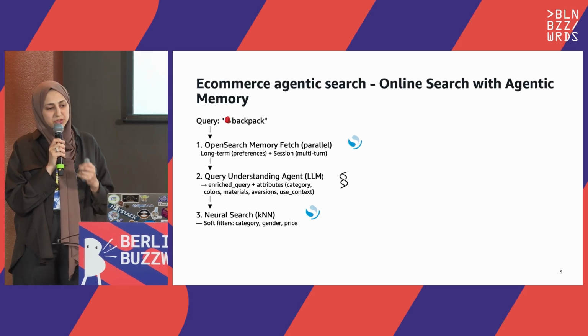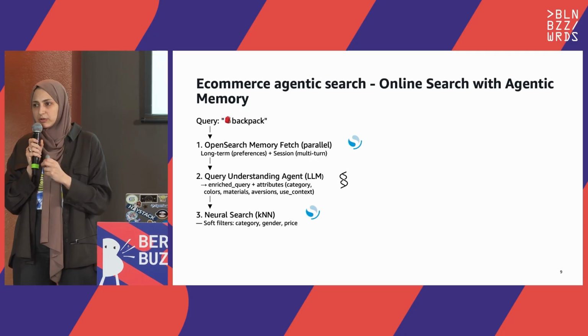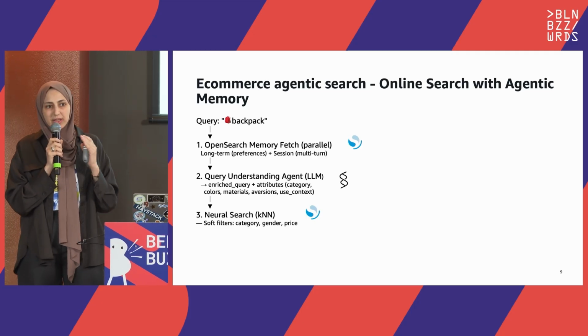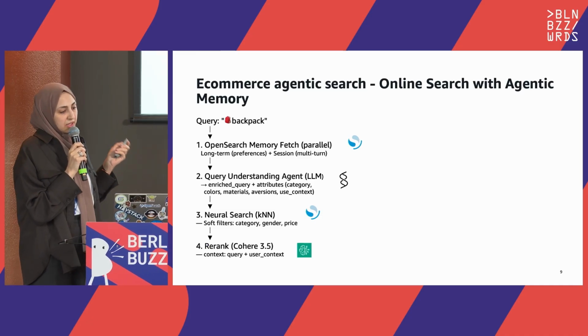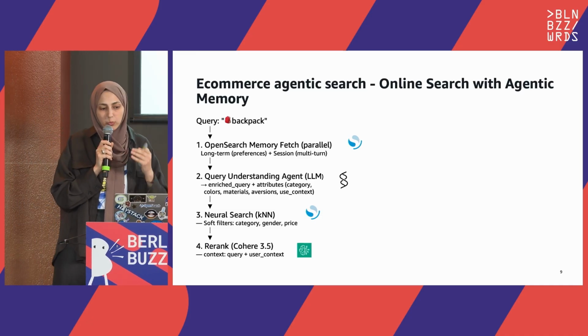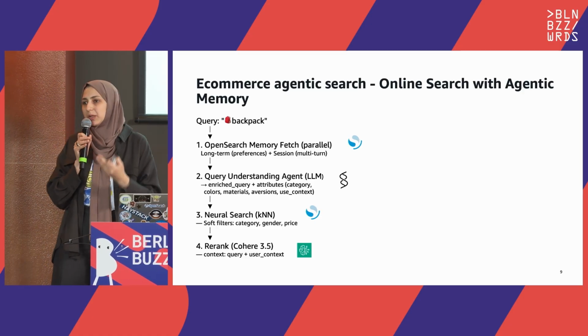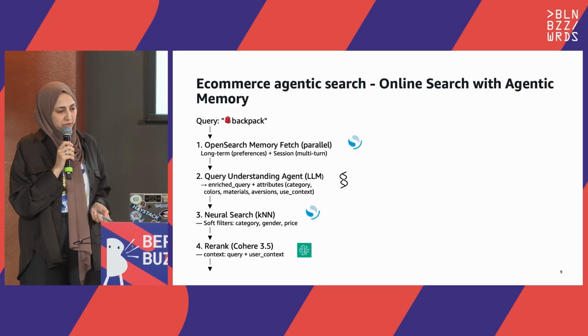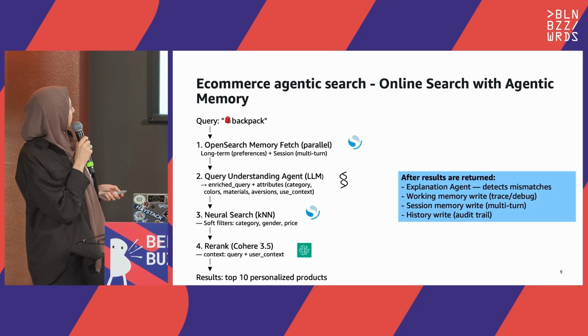I highly recommend leveraging soft filters instead of strong filters, unless you know that filter is super important for the user. Then you can augment that with the re-rank step, where you feed that context again to the re-rank model to catch up on any preferences you see for the user. And then you have the personalized result.